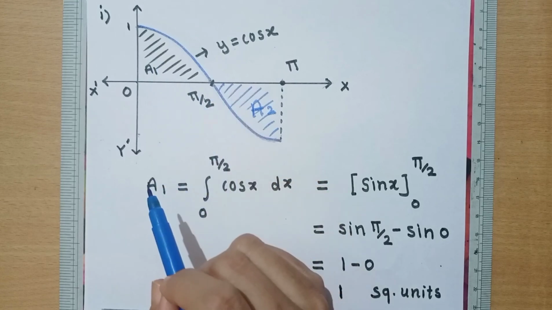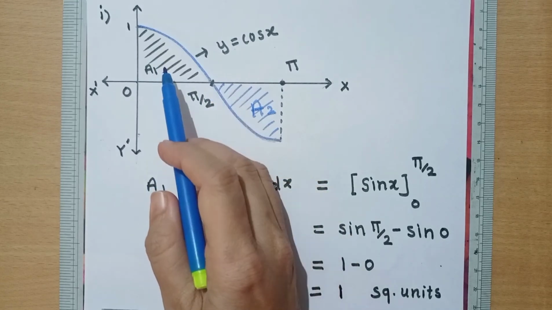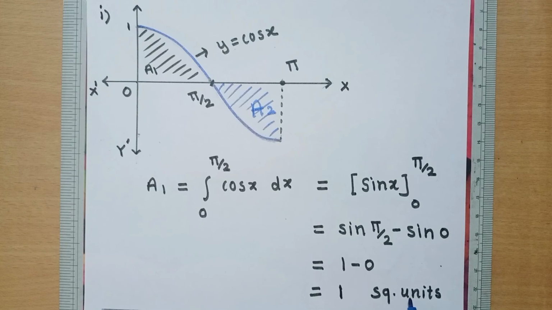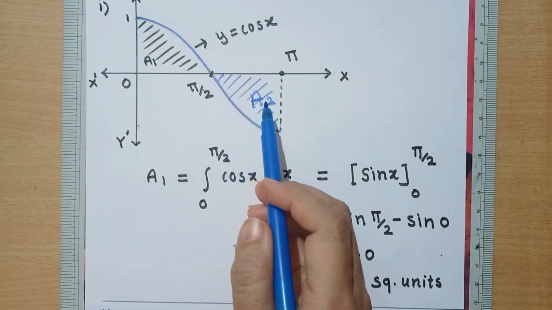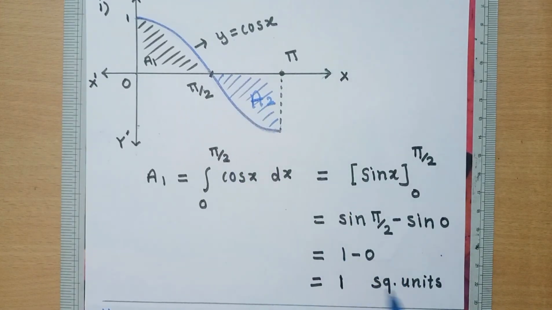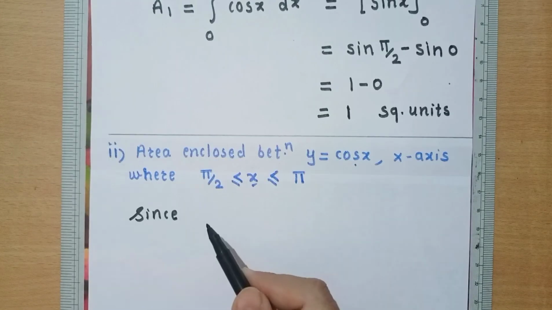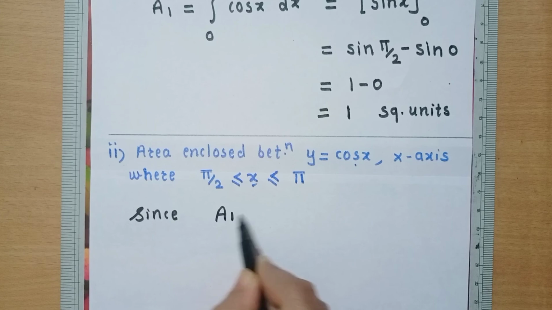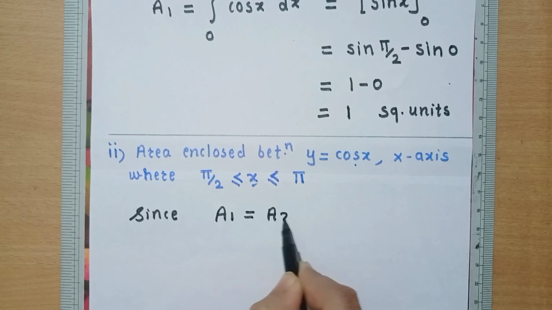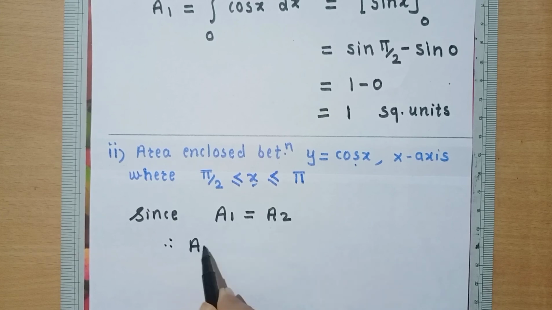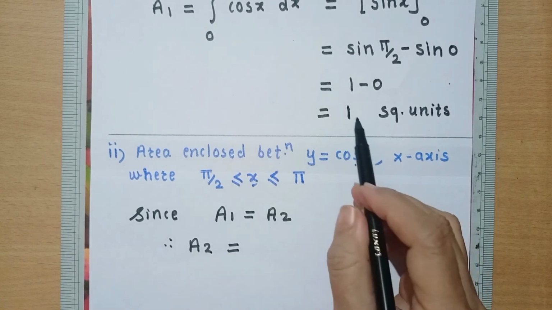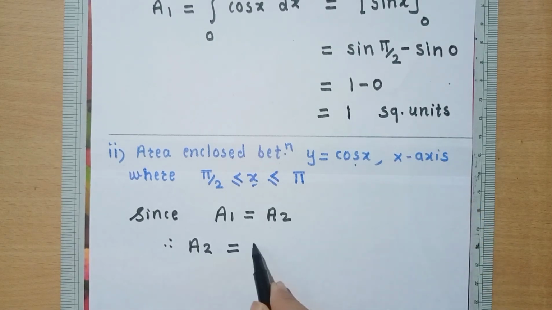These two areas are equal, and the A1 area is 1 square unit, so we can say that the A2 area is also 1 square unit. Therefore A2 is equal to 1 square unit.